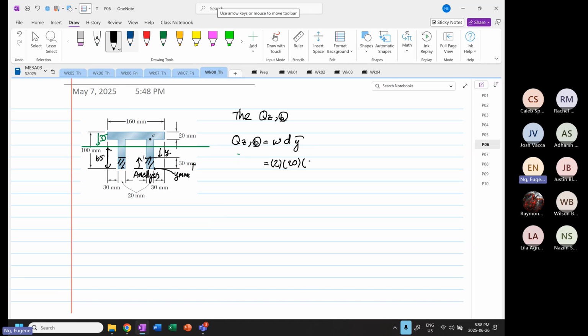Now the depth is given to us, which is straightforward, 30. So now if you have problem doing the Y bar, you just apply the formula, which is equal to C plus by Y multiplied by half. C is the furthest distance away from the centroid, which is equal to 65. Plus by the y.